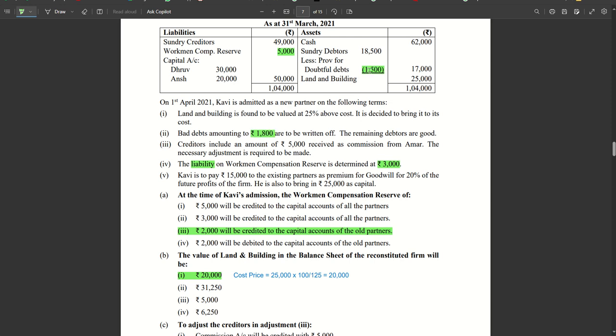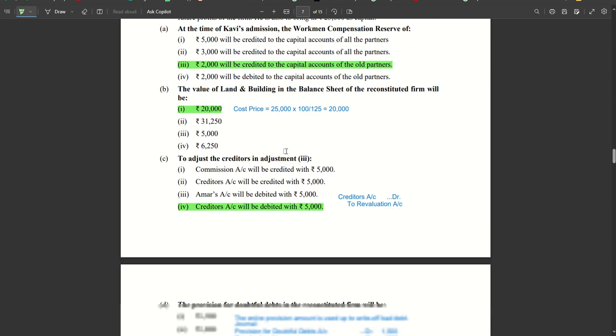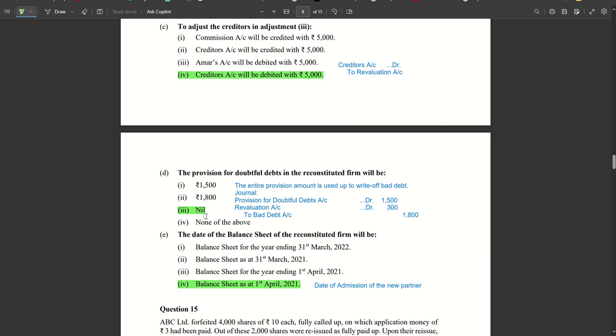So this entire provision of 1500 will be used to write off this bad debt, and the question says the remaining debtors are good, so we're not creating any more provision. That's why the answer is nil. Nothing is left in the provision. This is the journal which is given for your reference: provision for doubtful debts account debit 1500, revaluation account debit 300, to bad debts 1800.